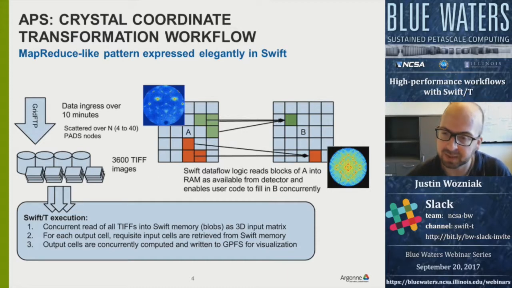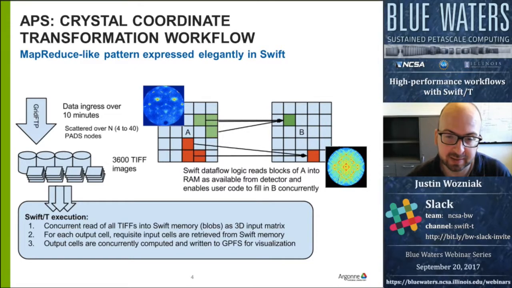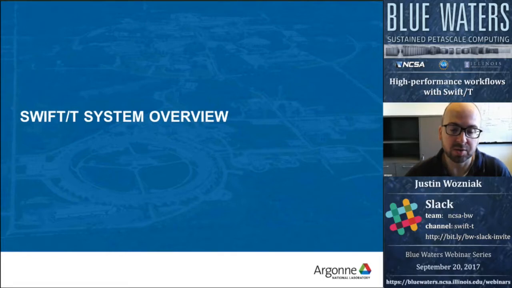It was relatively easy to write a Swift script to break up the easily parallelizable aspects of this and then do this kind of distributed image processing, which was actually a MapReduce-like pattern, as you can see in the diagram. But basically, it was very easy to express with Swift and then again run at scale. So those are just two examples.